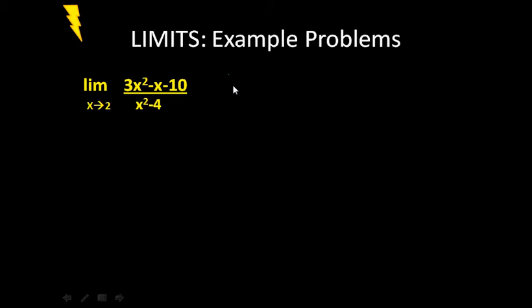But what we can do with this, since these are both quadratics, we can factor them. So we have a 3x, an x, that'd be a 2, that'd be a 5, so that's 3x, 6, so that'd be minus, that'd be a plus, minus 6 plus 1, yeah.